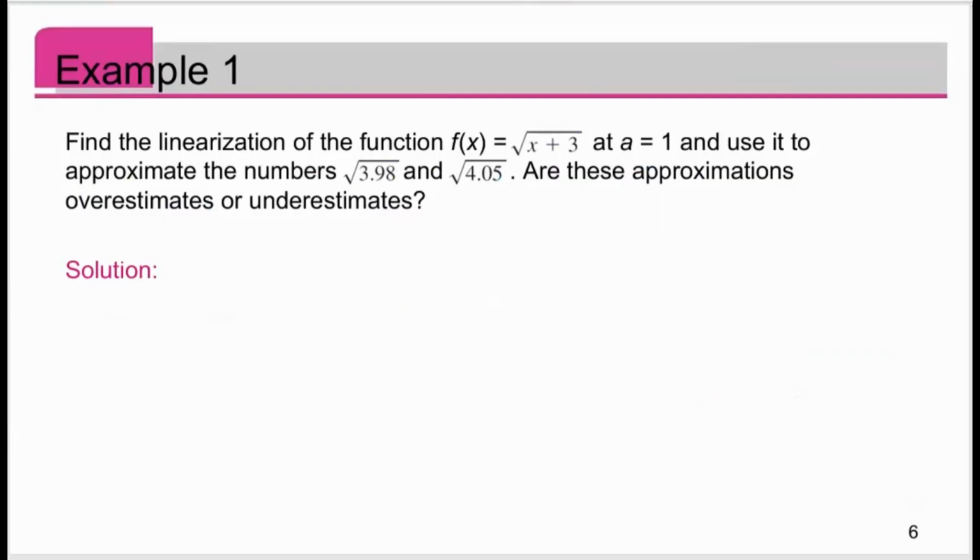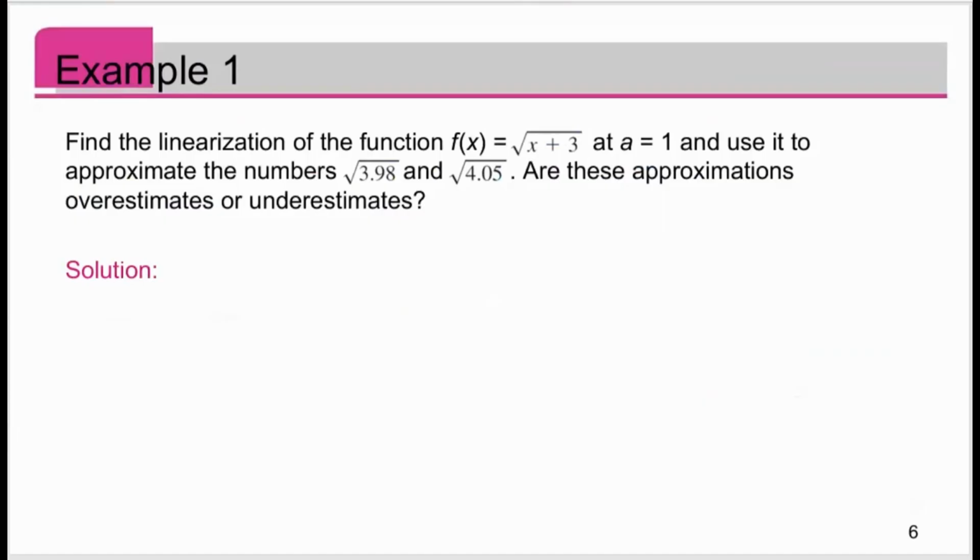That is where we are going to construct our linearization, and we are going to use it to approximate the numbers, first square root of 3.98, and then square root of 4.05. And we want to see whether this approximation overestimates or underestimates, because of course, in reality we can just compute these two square roots using our calculator, and we are going to compare the result there.